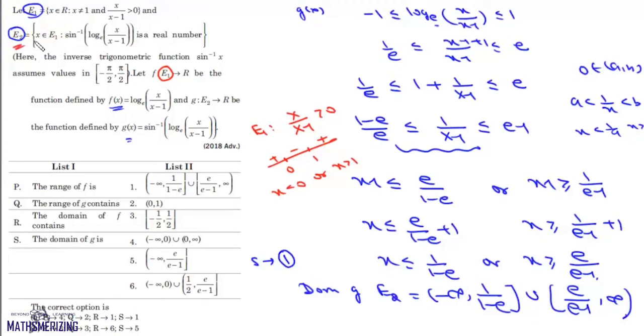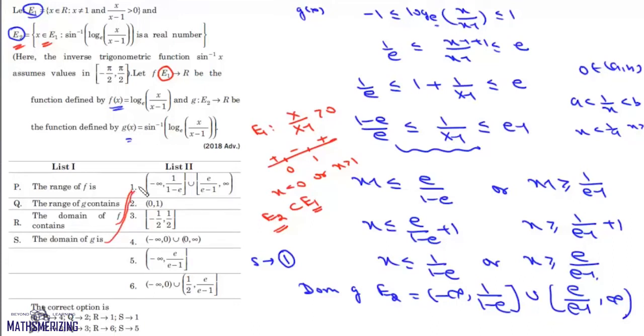And it is given that for E2, x belongs to E1. That is, E2 is a subset of E1. So the domain of g, which is E2, is contained in the domain of f. So the domain of f will contain the domain of g. That means this R also matches with 1.